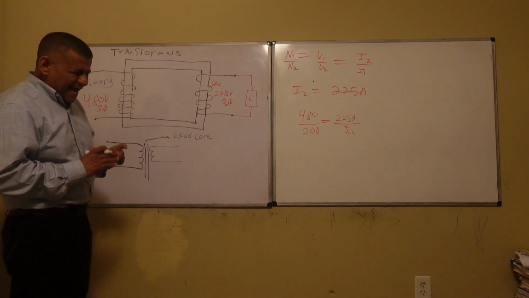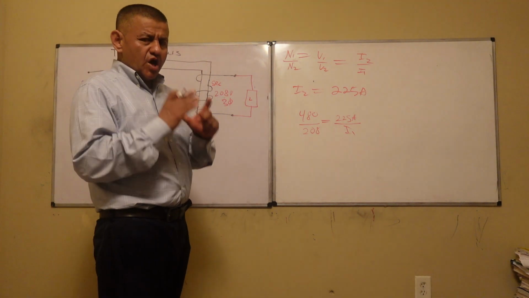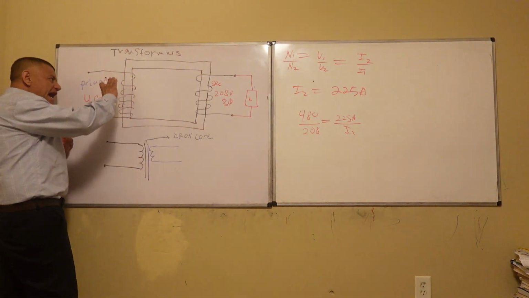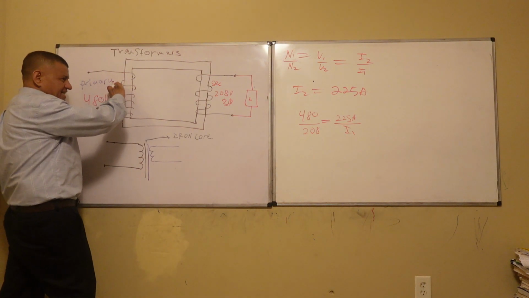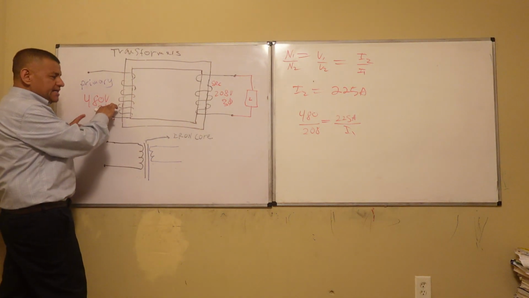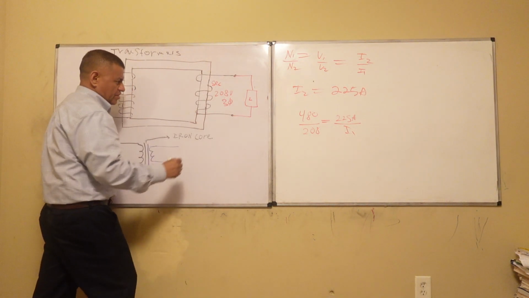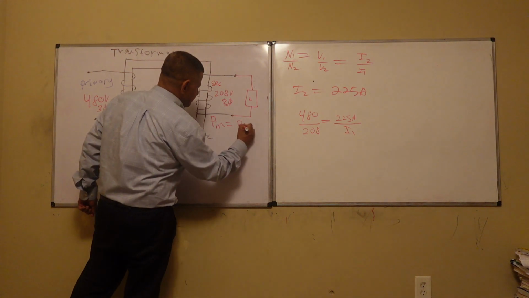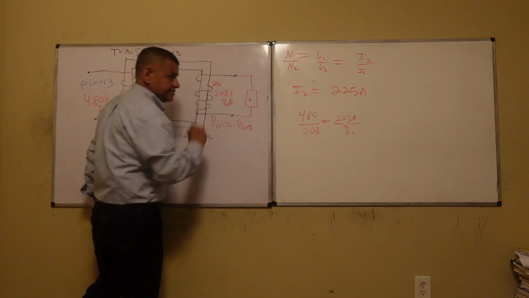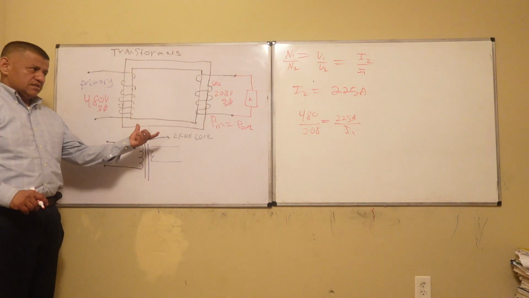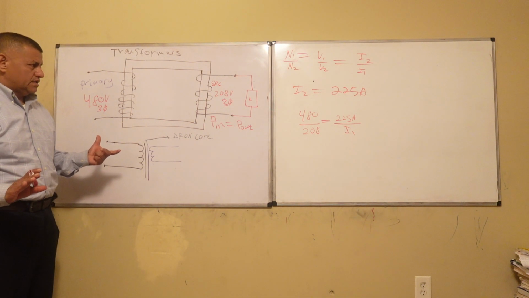Conservation of energy has to hold true. What is conservation of energy? The power that is coming in over here is the same as the power coming out over here. Power in equals power out, and that has to be true.